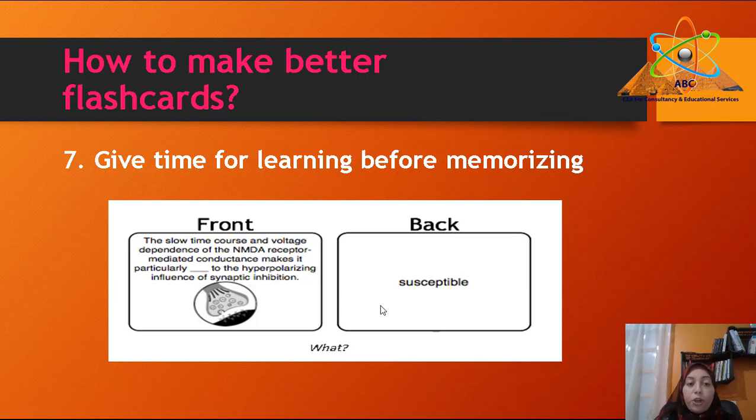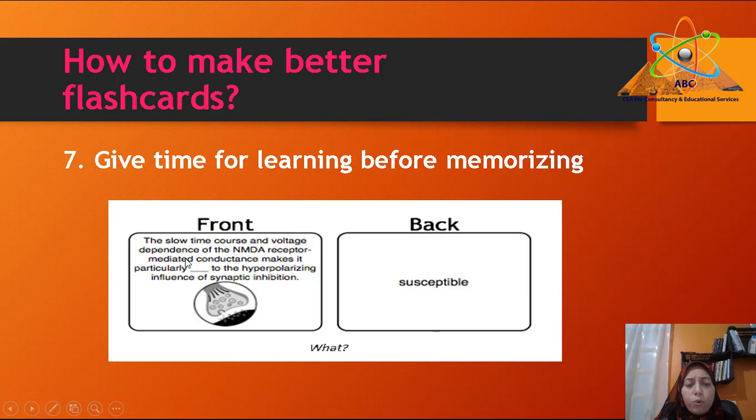Give time for learning before memorizing, like this one. In the front card, I am giving a very big question like this, and I have here a space, and there is a picture that shows what I want to say, or the word, and here the word susceptible. I can't understand all of that.